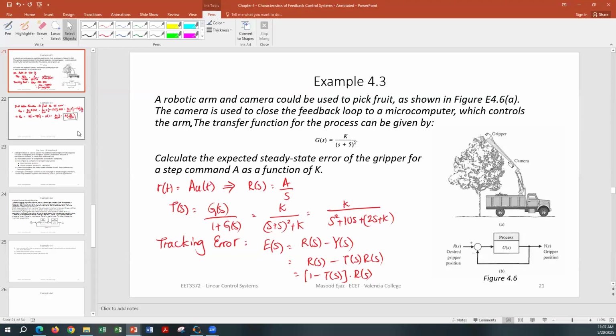So when I simplify that, that's going to be (s plus 5) square plus k, and then (s plus 5) square in the numerator and (s plus 5) square in the denominator will be cancelled out.